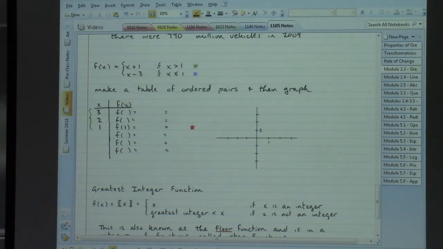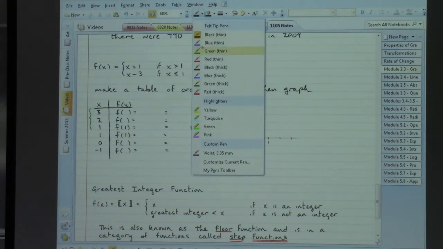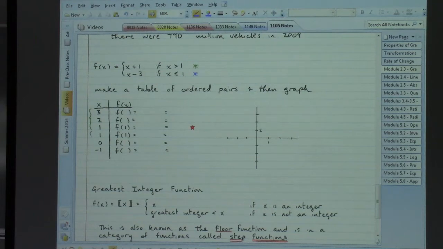When we move to the second piece, we are allowed to use 1. So we'll want to know what happens there to our function, using that second piece instead, and then moving off to the left, 0, -1. This is where we would use our second rule based on that second condition.